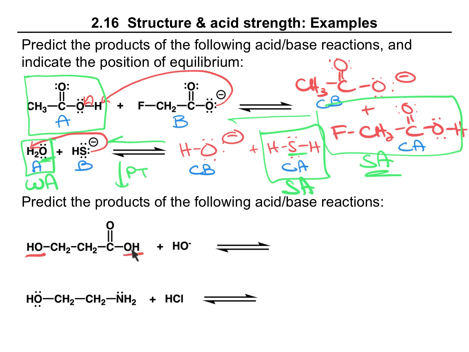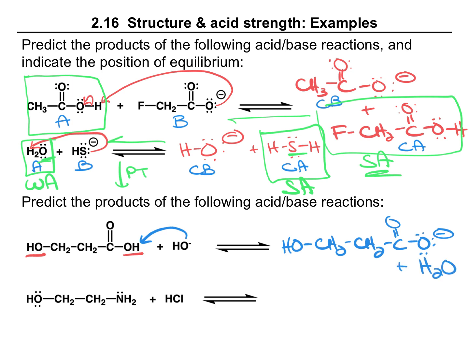And so this is the more acidic hydrogen, much more acidic than this one or either of these. So when hydroxide acts as a base, it is going to grab this proton, giving us this as the conjugate base and water.